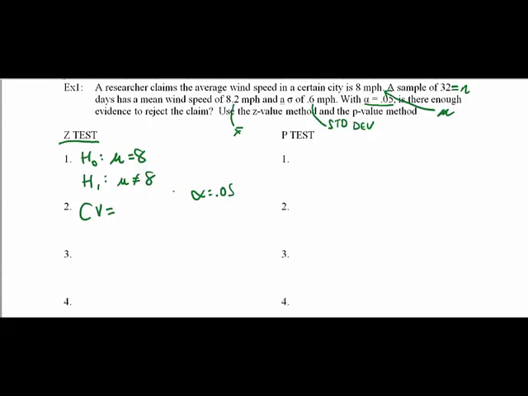Now, since this is a two-tailed test, and it's two-tailed because what we have is a not equal to sign, then we have to take this alpha and divide it in half. That is going to give us an alpha of 0.025. I sometimes like to put an extra 0 there because what I'm going to look for is 0.0250 on the z-chart.